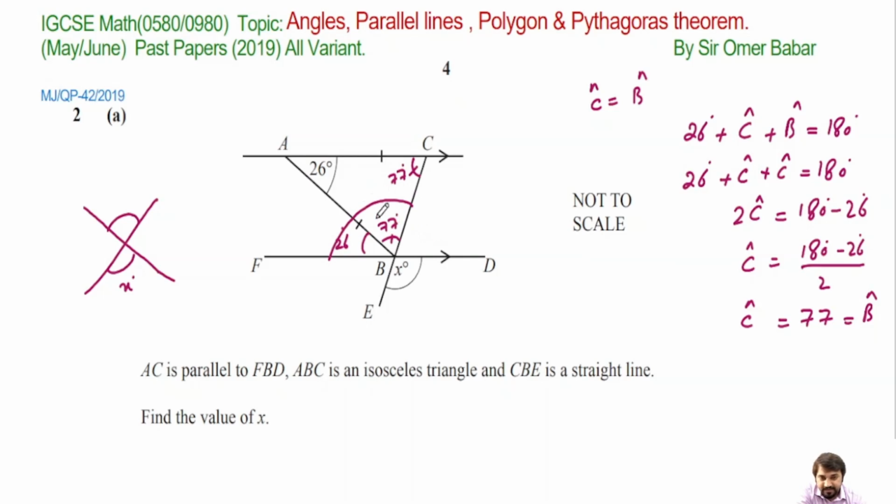Okay, and these angles are 26 and 77 degree. We have two lines, basically this one and this one. Here we have cross, and we are going to apply vertically opposite angle. Opposite to this x degree is two angles, that is 26 degree and 77 degree. So apply this rule here. X degree is equal to 77 degree plus 26 degree, vertically opposite angle.